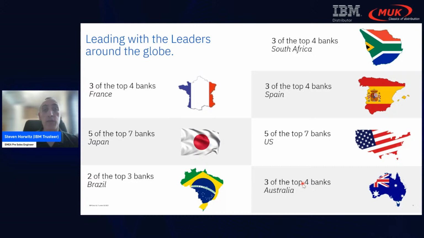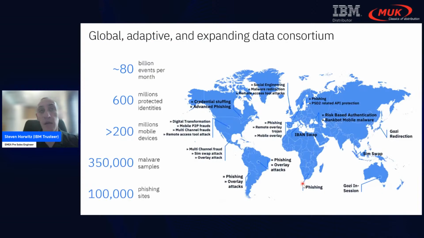Let me say it like this: whenever somebody's looking for a threat vendor, someone that can detect these types of threats that we're talking about, you need a global vendor. And I'm going to explain to you on the next slide why you need a global vendor. Trusteer covers all 6 continents, has a presence everywhere.